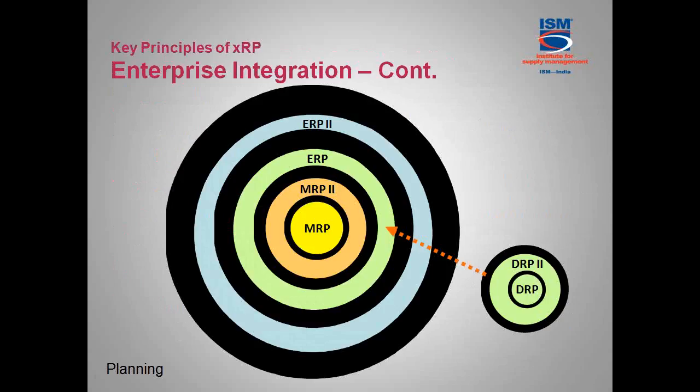Somewhere in the 1960s, people used to place orders for material on the basis of a simple process. They thought, why not have an integrated process for the organization that we can use?